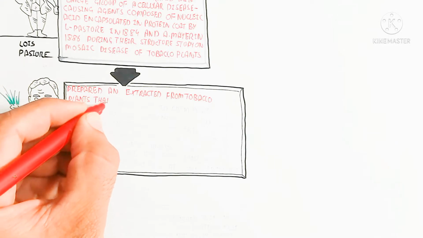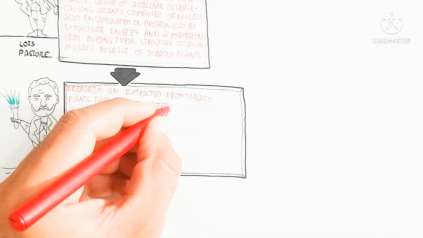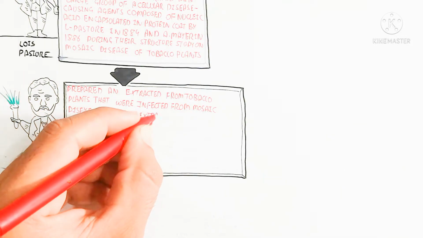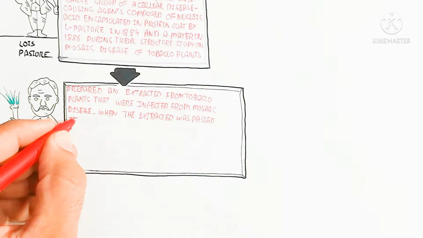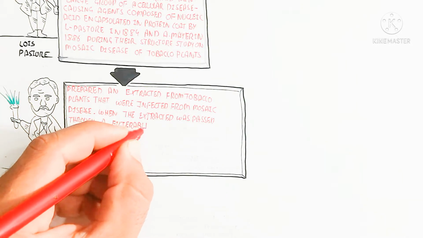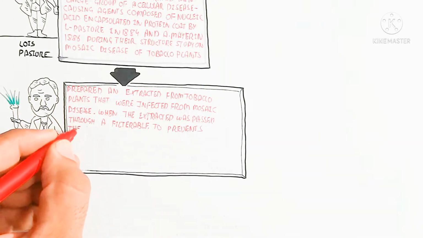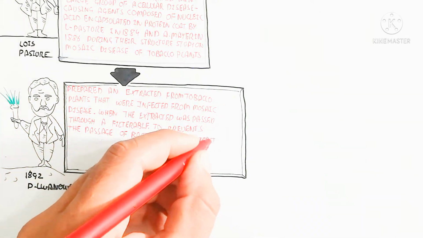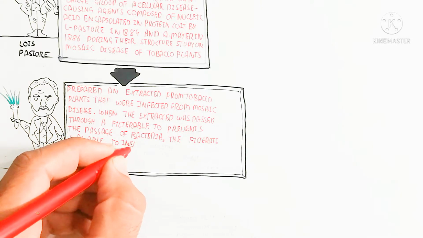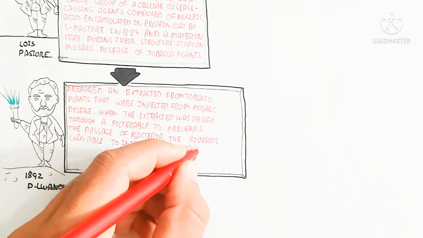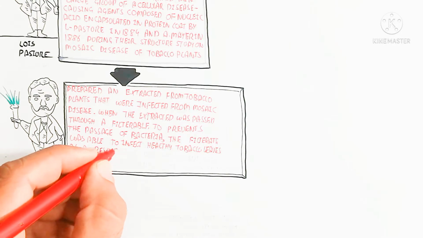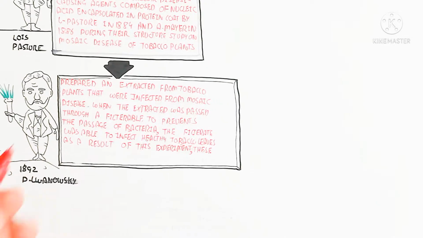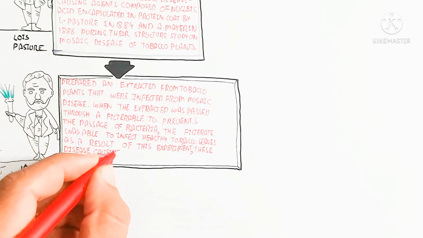I am repeating this again for understanding. The extract from infected tobacco plants was passed through a filter that prevents the passage of bacteria, and the filtrate was still able to infect healthy tobacco leaves. This shows that these disease-causing agents are filterable viruses. Why?